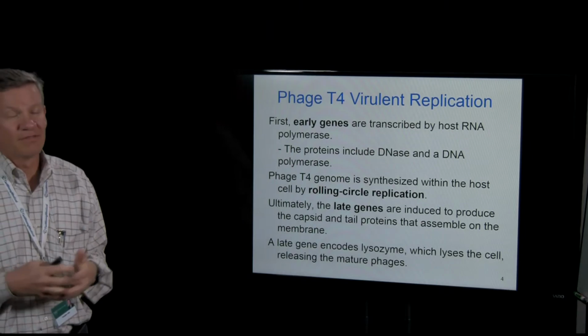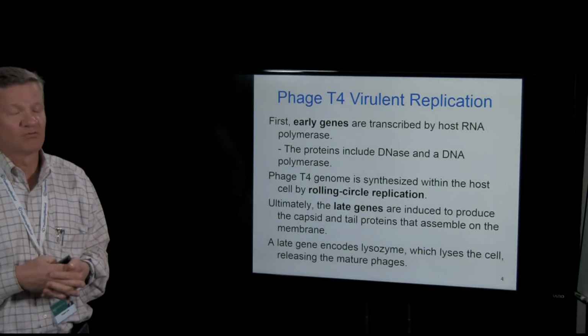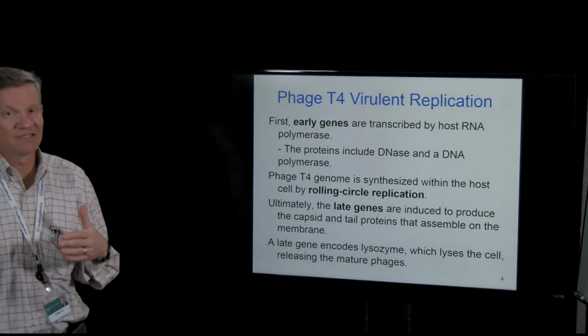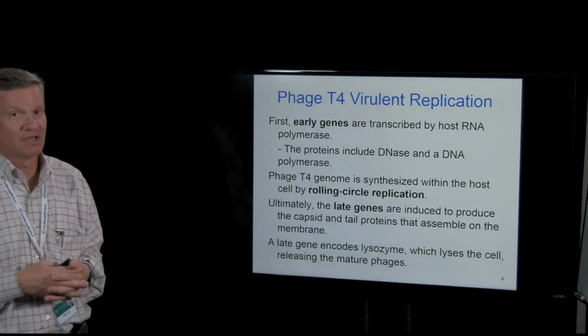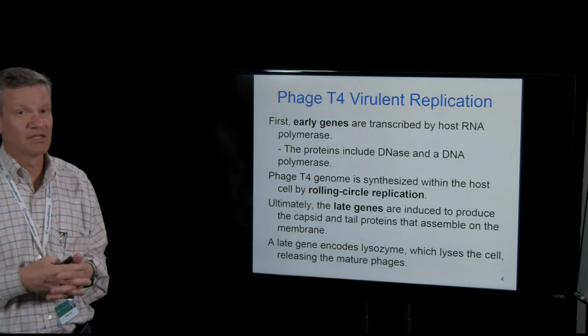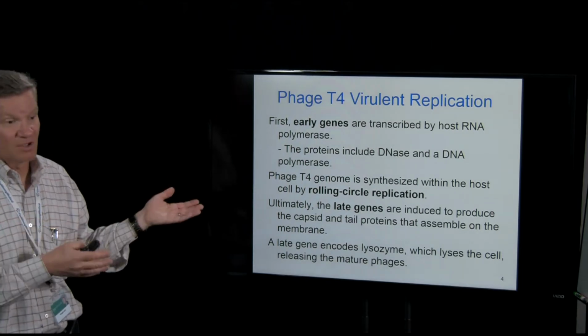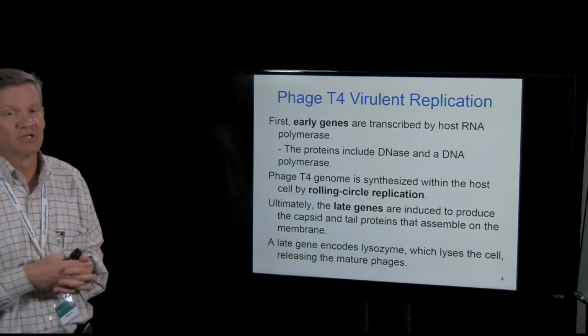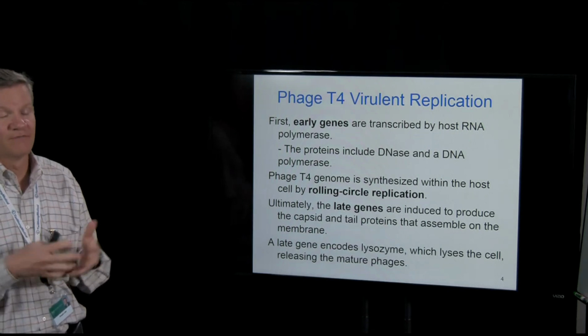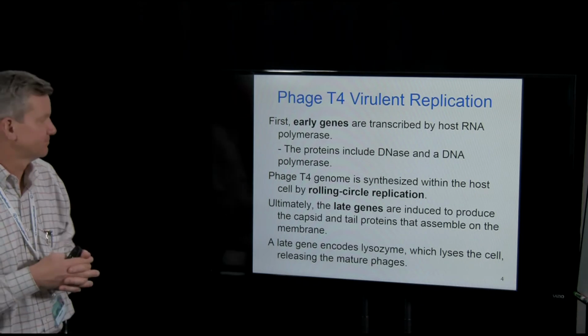I think you've already had rolling circle replication in your previous classes, either biology or Dr. Wang has mentioned it in his lectures. If you haven't, go to the Norton animation websites, and there's a rolling circle replication tutorial video animation there that's quite good.